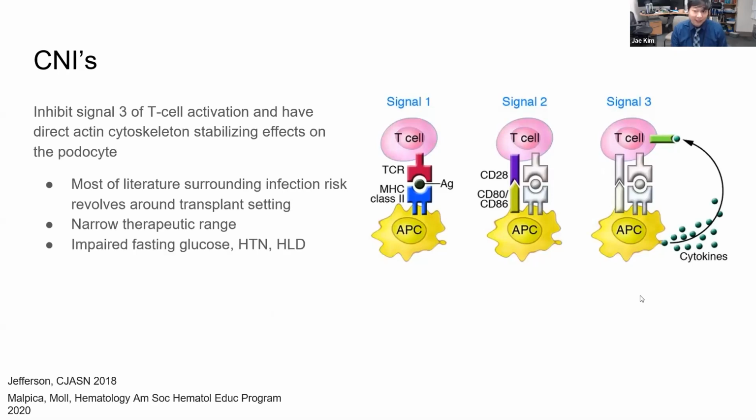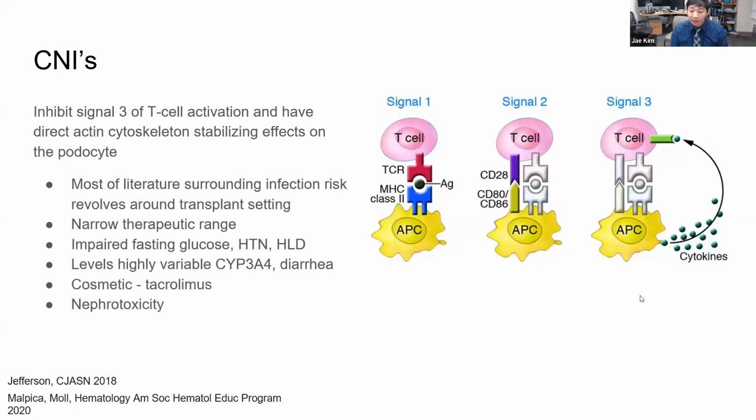It can impair your fasting glucose, cause hypertension, hyperlipidemia, and the levels are highly variable according to whatever medications might be affecting your CYP3A4 or with even diarrhea. There's the cosmetic concern with tacrolimus that may cause gum hypertrophy or alopecia, and nephrotoxicity and hyperkalemia as well.